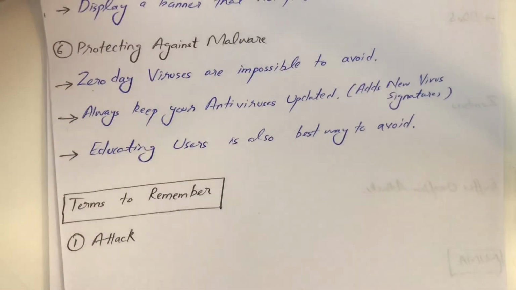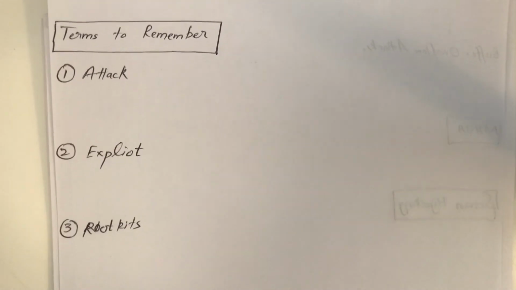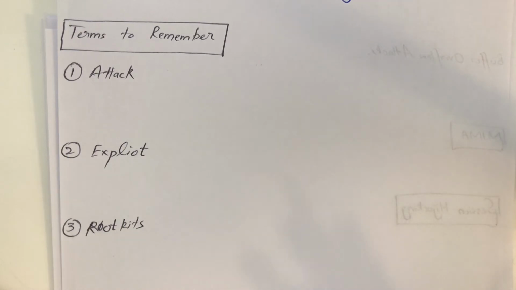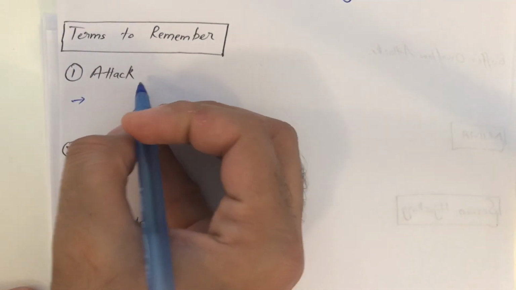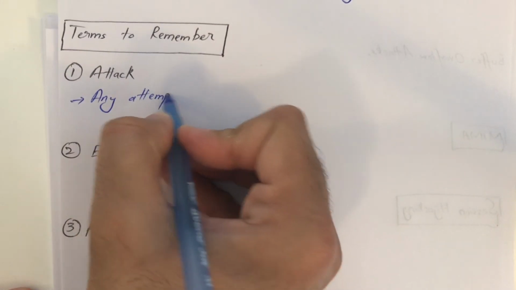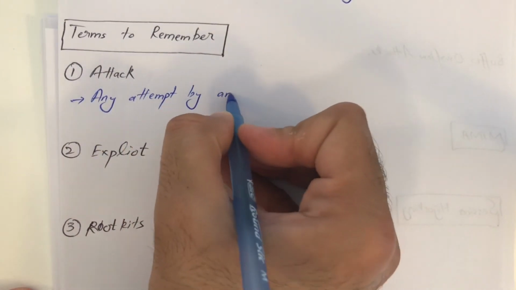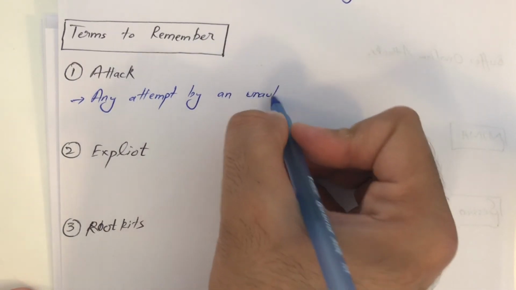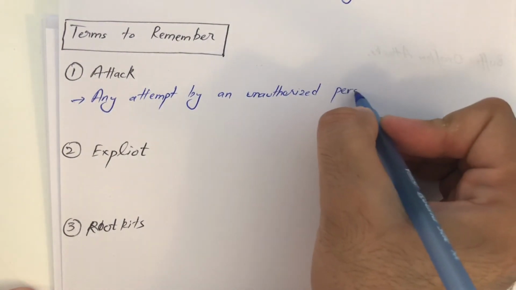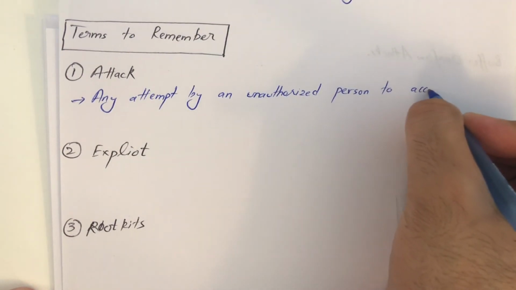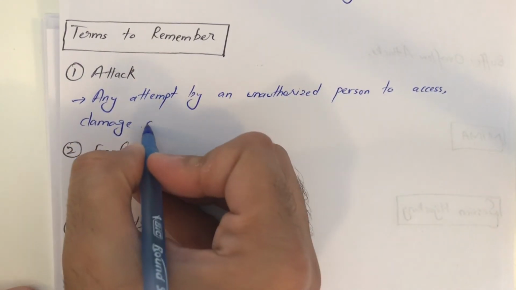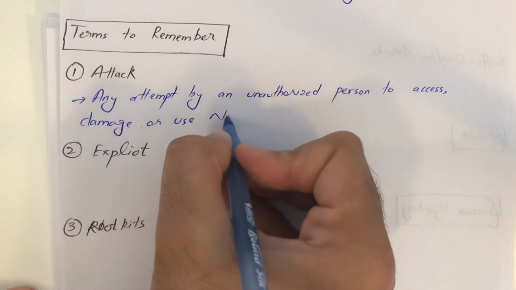Then there are a few terms that are very important from an exam point of view. Please remember these terms. One of the terms is called attack. What is an attack? What is an exploit? An attack is basically any attempt by an unauthorized person to access, damage, or use network resources.